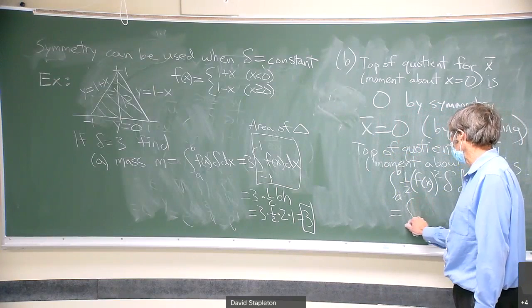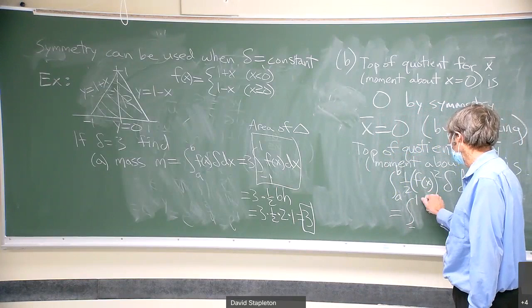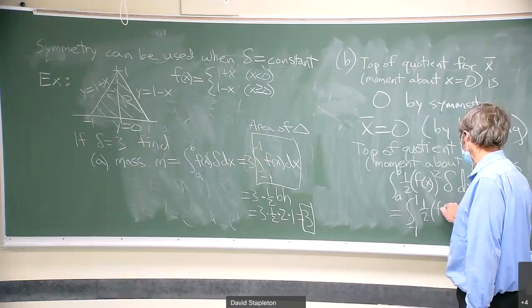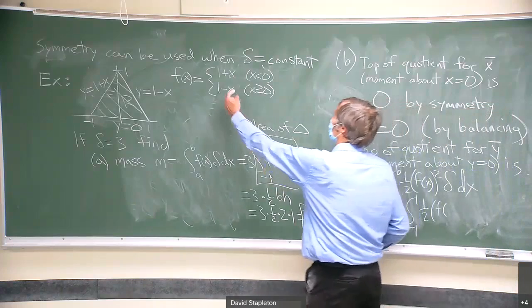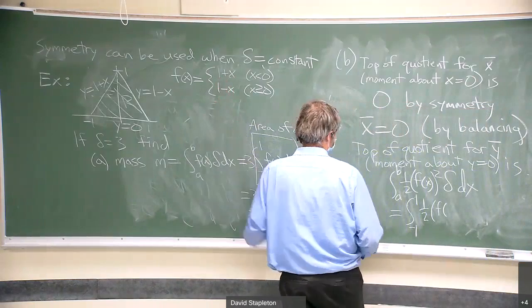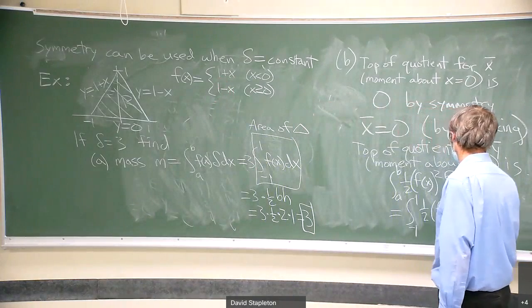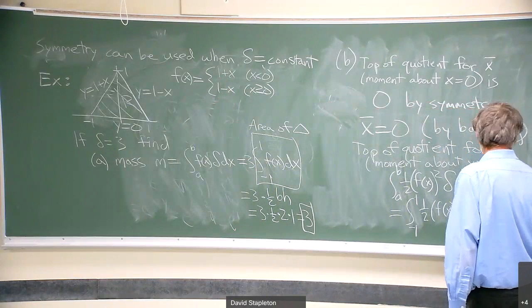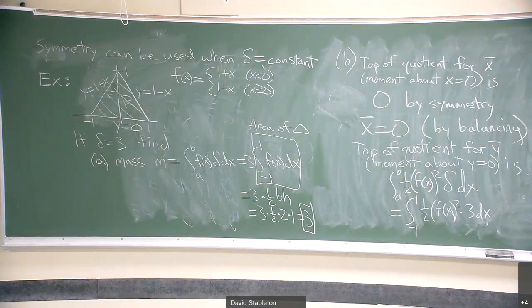This is the integral from -1 to 1 of 1/2 f of x squared, but f of x changes. It's defined to be 1 plus x on the one side, 1 minus x on the other, and delta is 3.